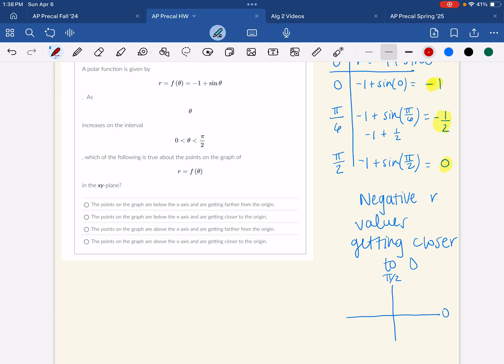I would have at 0, I would go -1 from the origin, not towards 0. At pi over 6, rather than going a half in that direction, I'd be going -1/2 towards pi over 6. Oops. Let's put the -1/2 first.